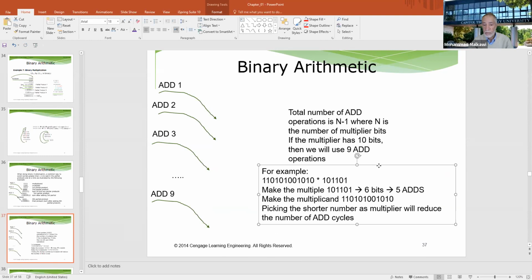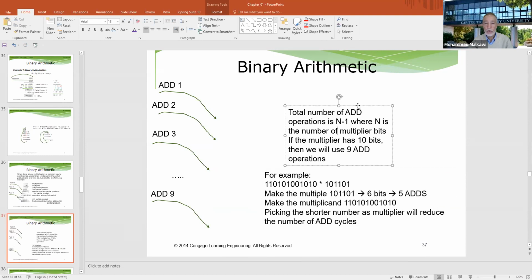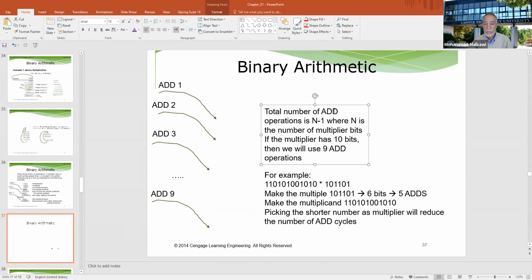So those are just simple tricks used in dealing with arithmetic operations.